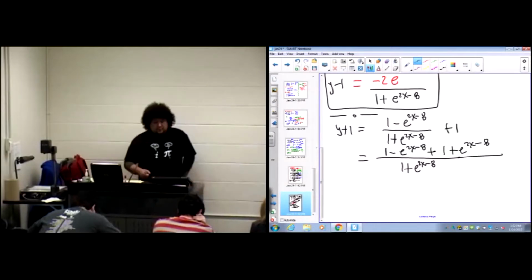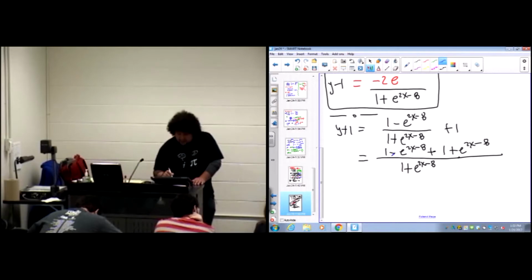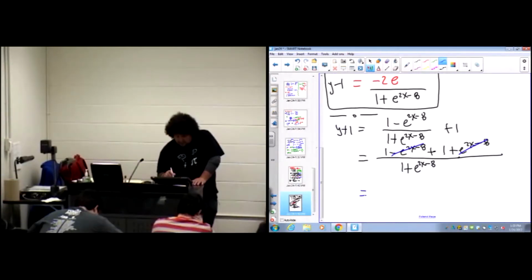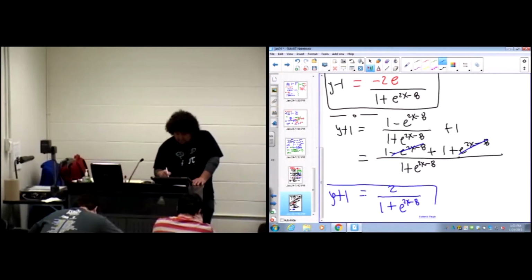Now the exponentials are going to cancel each other, right? So this exponential cancels with that, and this becomes 2 over 1 plus this. This would be y plus 1.